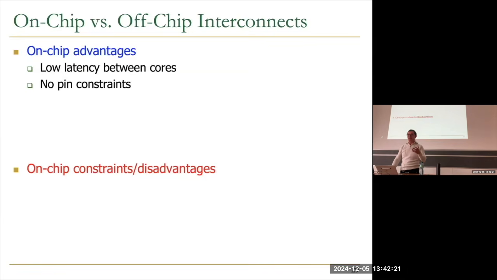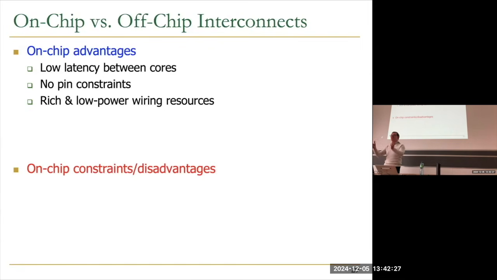And usually your area gets dominated by those pins. You have a lot of rich and low-power wiring resources. If you think about wiring on chip, we kind of don't even think about it sometimes, right? Especially on a compute-centric chip today. With memory chips today, as we have discussed, people don't think about wiring as much, because they're supposed to just supply the data, right?